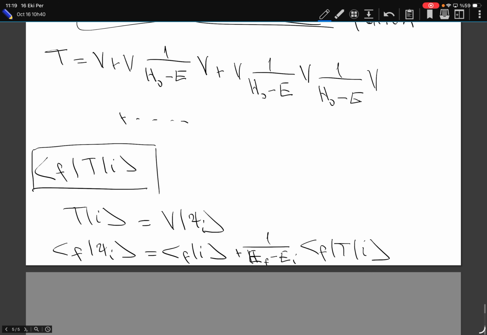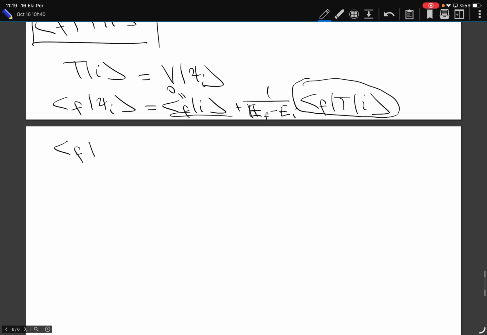So you see, if I know this quantity, I will be looking at when my initial and final states are different. So this will be 0. They will have different momentum, for example. That will be 0 in the cases I'm interested in. And you see that F psi I is actually proportional to FTI. That is why I'm interested in this matrix element.